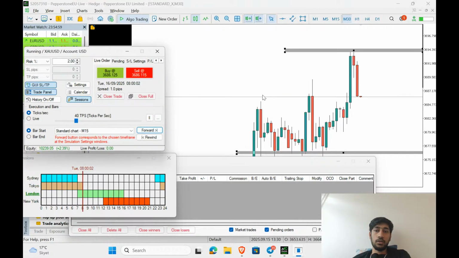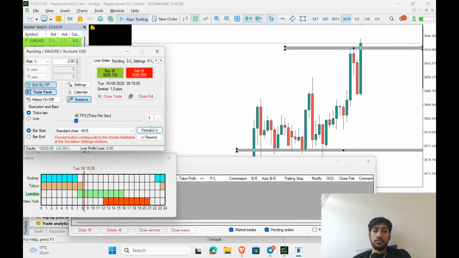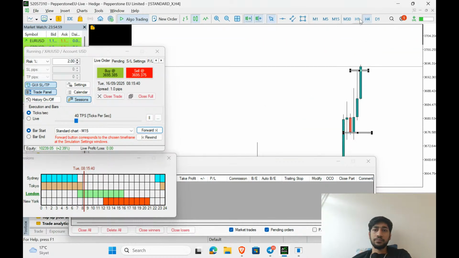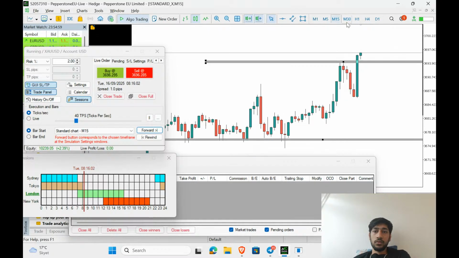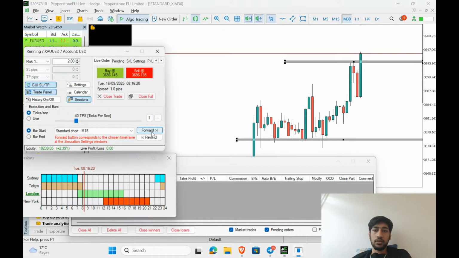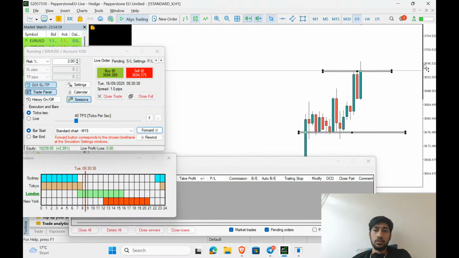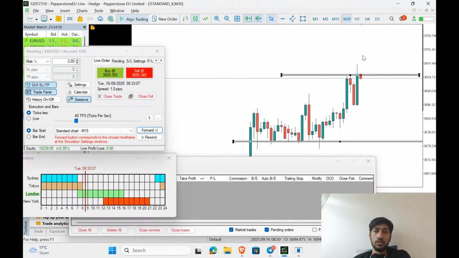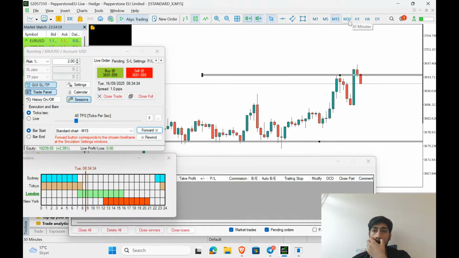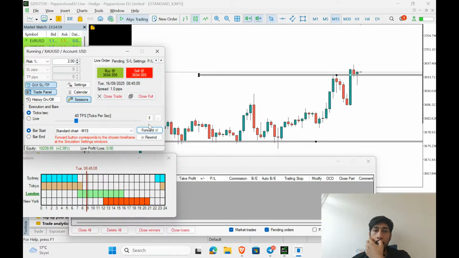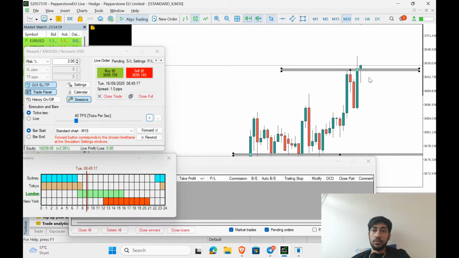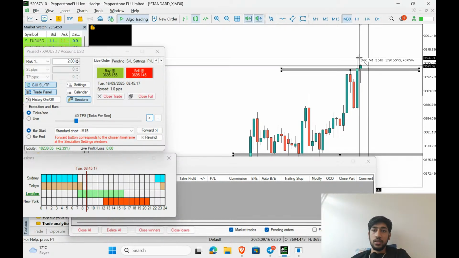If we form support on 15-minute time frame, we got this weak to fail.